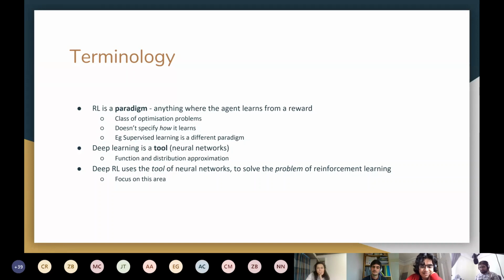And this is using the tool of neural networks and deep learning to solve the problems of reinforcement learning. This is where a lot of the really interesting progress in the last couple of years has come from, like people learning how to play Atari games well, or play StarCraft, or play Go better than human levels.